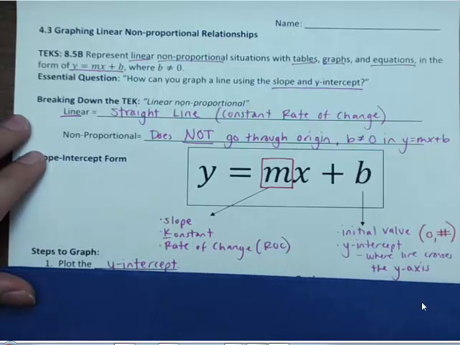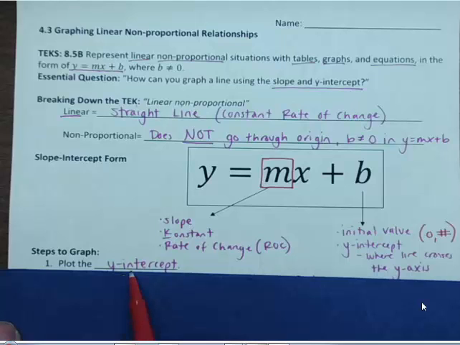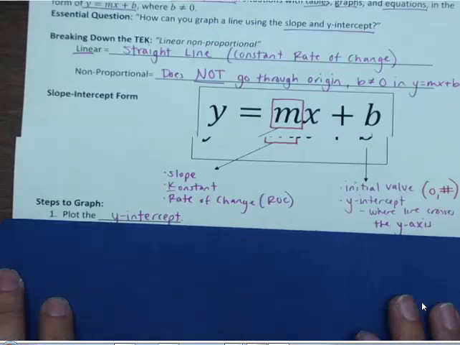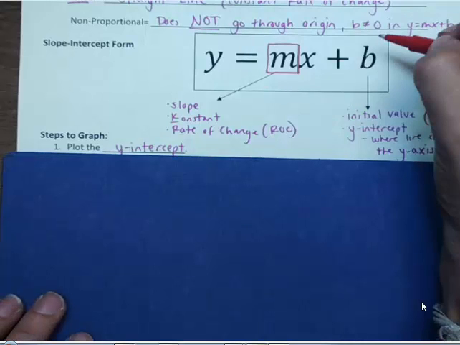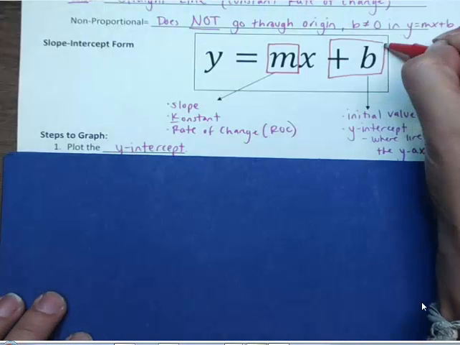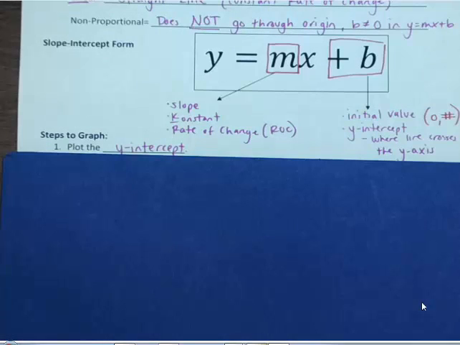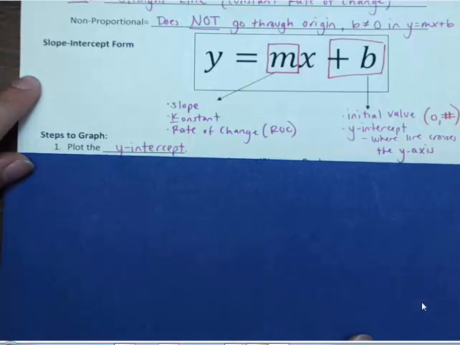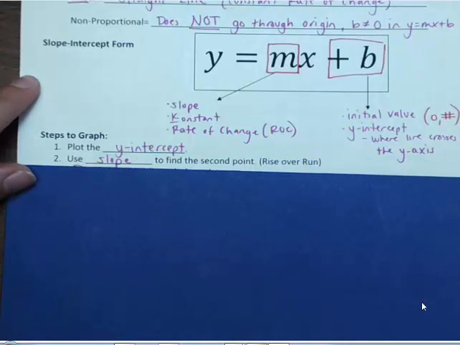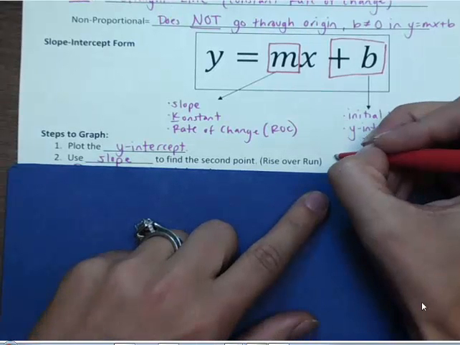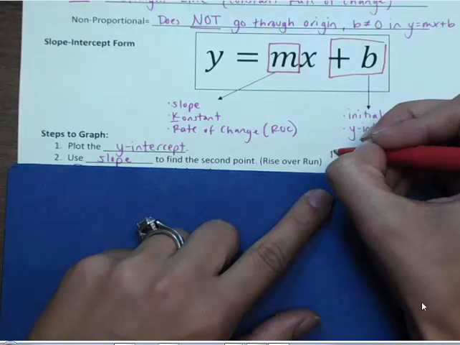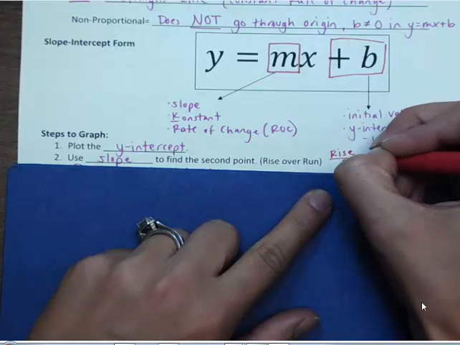The first step is we want to plot the y-intercept. You are given an equation, and plotting the y-intercept is easy because it's going to be that plus or minus b from our equation. Step 2, we're going to use the slope to find the second point. When we use the slope, we want to keep it as a fraction because we want to do rise over run to figure out the other points.